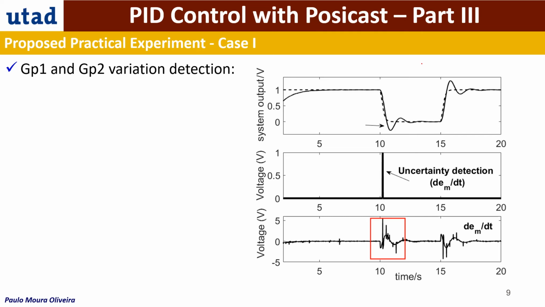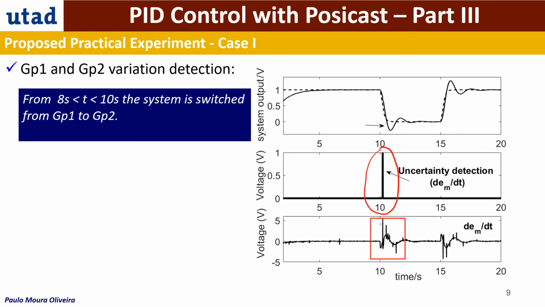Just to show you, when we change from GP1 to GP2, we use the derivative of the error, and we got this spike that you can see here. We use this to trigger the system identification and the retuning action.